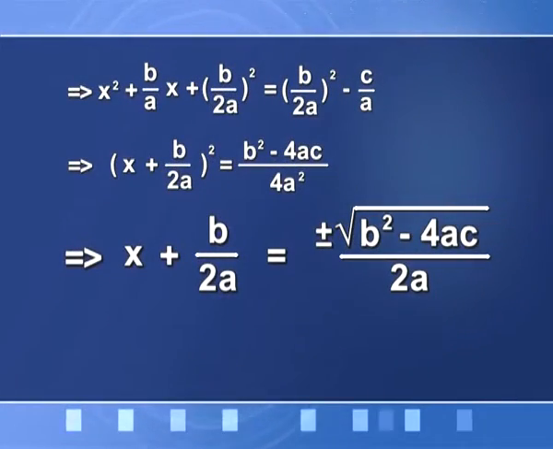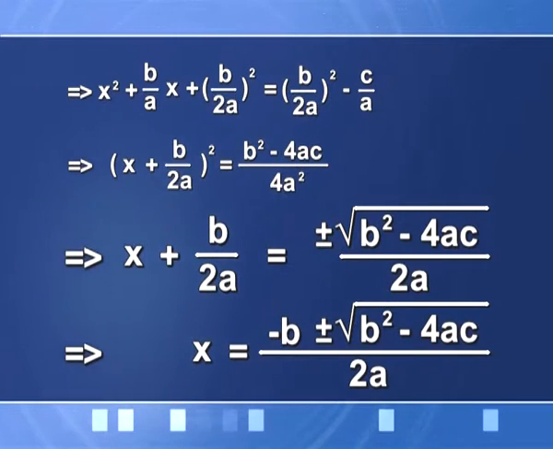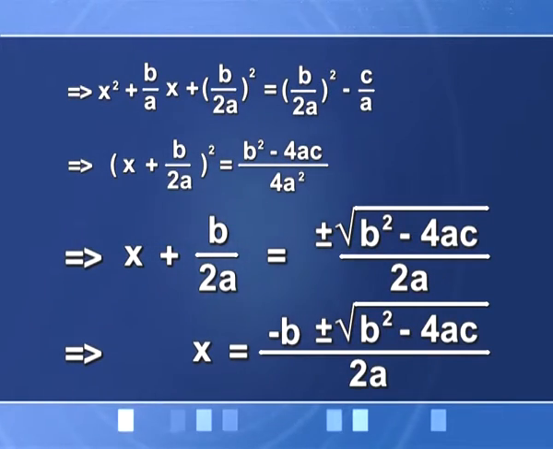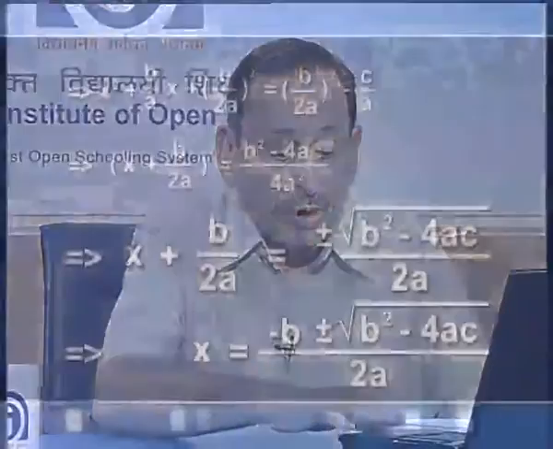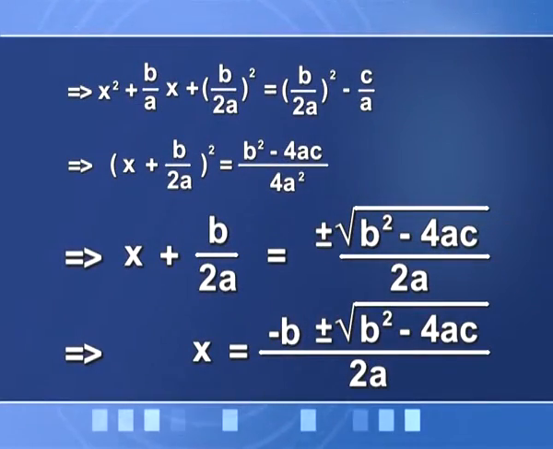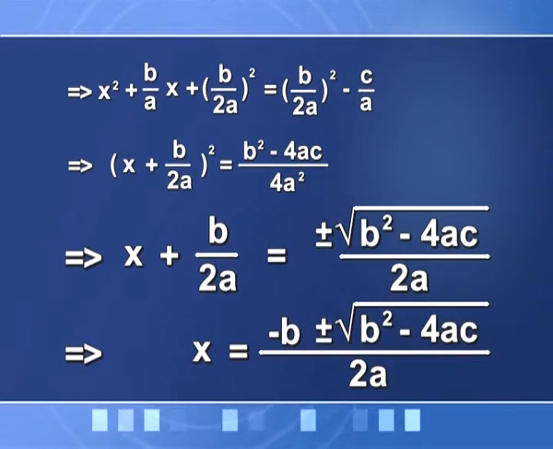If I shift b/2a to the right hand side, I get x = (-b ± √(b² - 4ac))/2a. Mind you, these are the two values of x, which are (-b + √(b² - 4ac))/2a, and the other value is (-b - √(b² - 4ac))/2a.